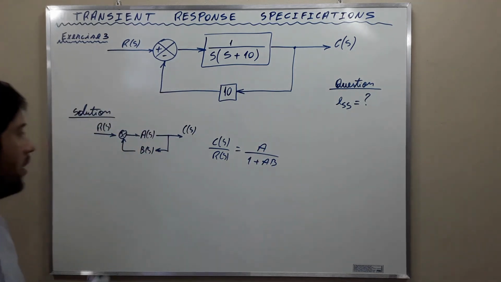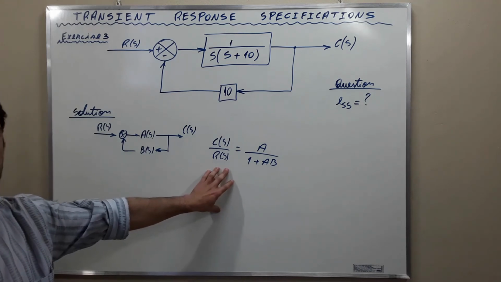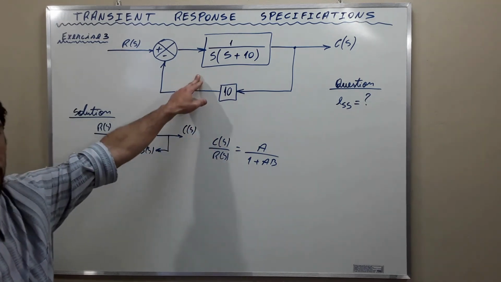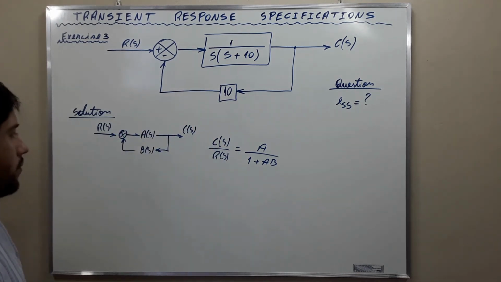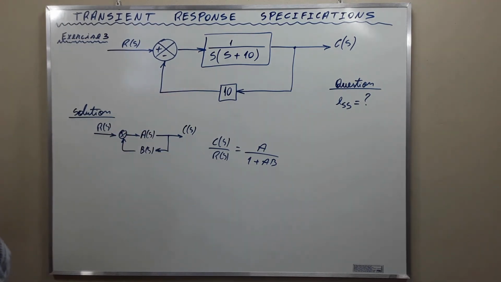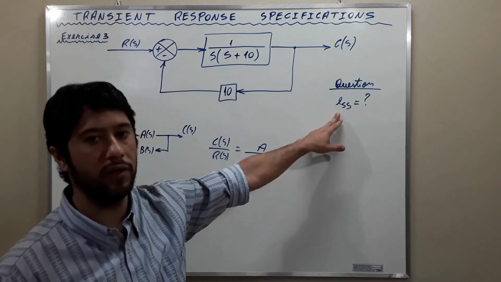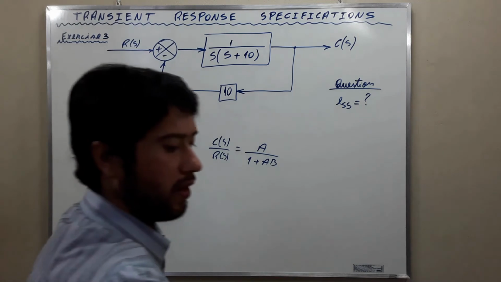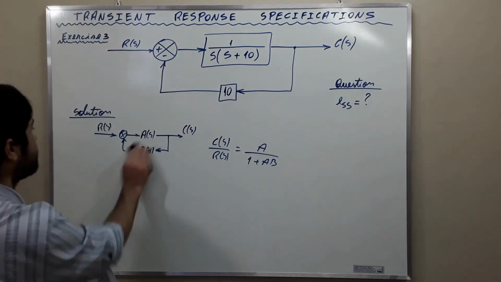Okay? This is what we are going to use here to calculate the closed loop transfer function of this block diagram. And from the transfer function, we are going to calculate the steady state error. Let's do it.